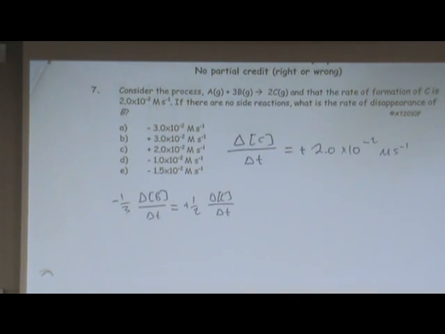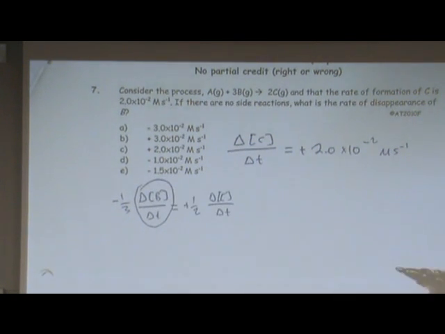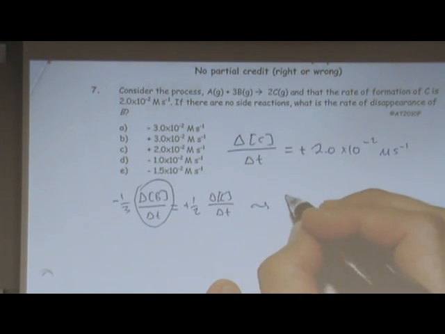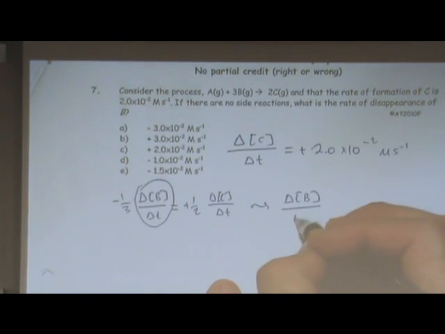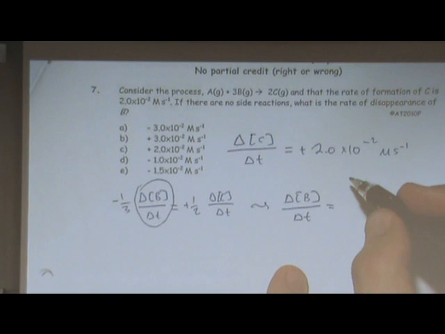divided by delta T. If you want to know the rate of disappearance of B, you solve for this, because that's the rate of disappearance of B by definition. So if you solve for that, you will find that the rate of disappearance of B is equal to, the plus will make a difference, so you can forget about it, you just multiply what you have by minus 3, both sides.